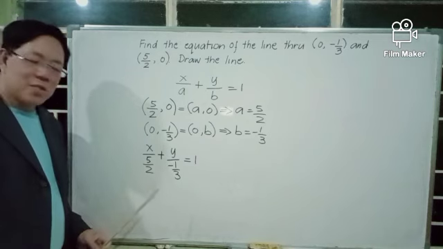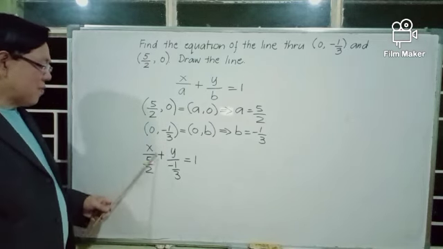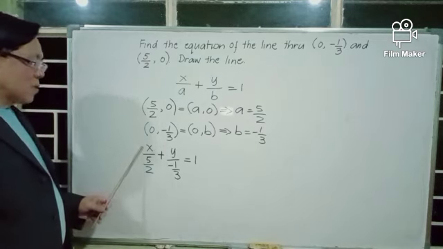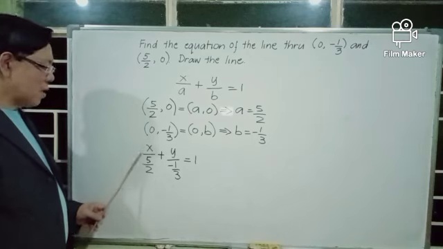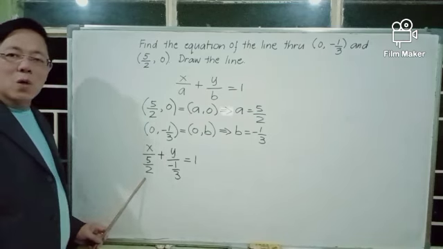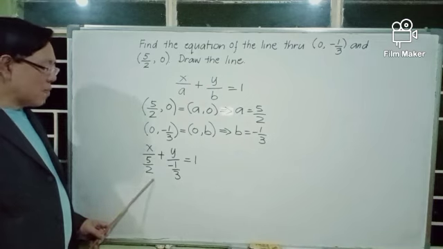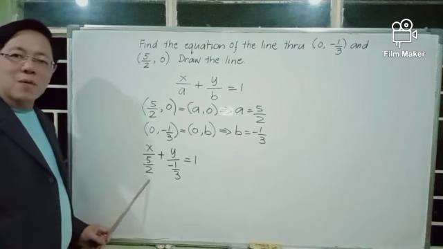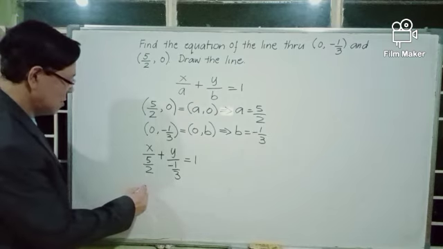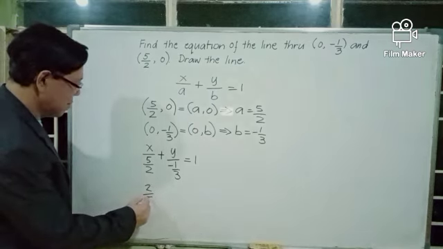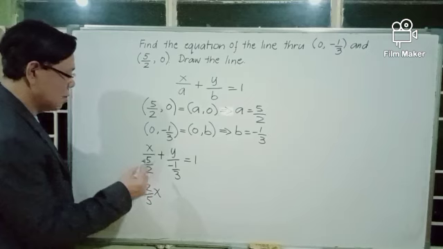We simplify each term at the left hand side. We simplify this fraction. We multiply x by the reciprocal of 5 halves, which is 2 over 5. So we multiply x by 2 over 5: 2 over 5 multiplied by x.